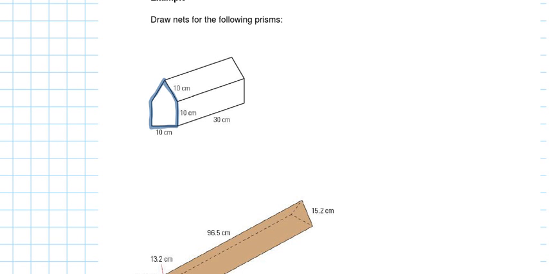Okay, so what do you think? Yeah, go ahead. 5 rectangles, and these 2 house shapes, 2 pentagons.